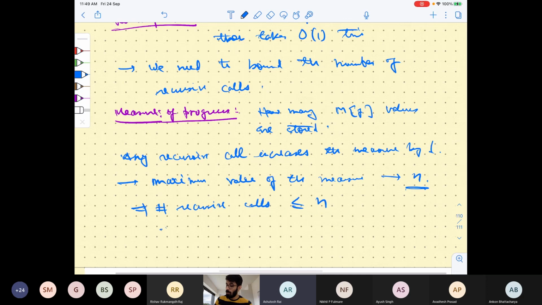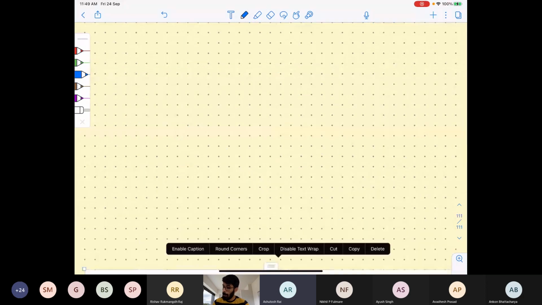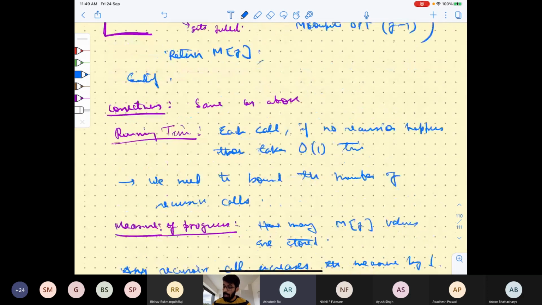So running time is order n, after we are given the sorted list and we are given the values of p_j for all j. So is the algorithm clear? Is the running time analysis clear?